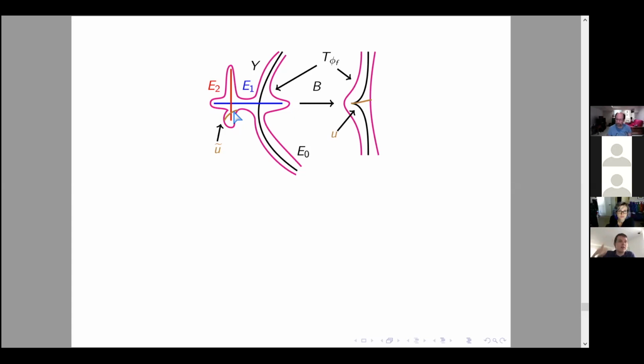You might have some singularity which is not even a complete intersection, and you want to study the relationship between the link of that singularity and the algebraic geometric properties.